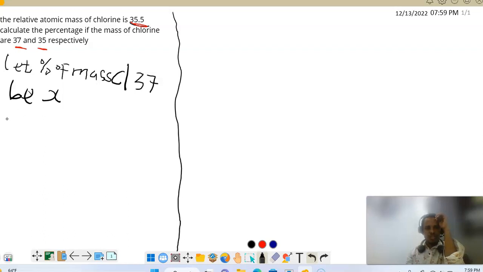Then what will be the percentage of chlorine mass 35, which will be what?